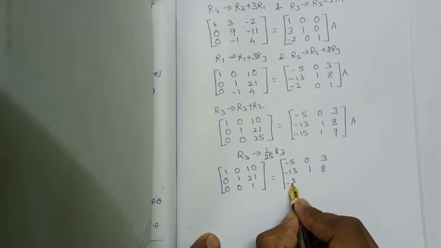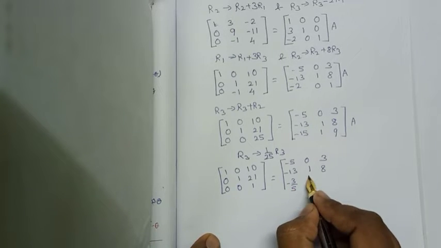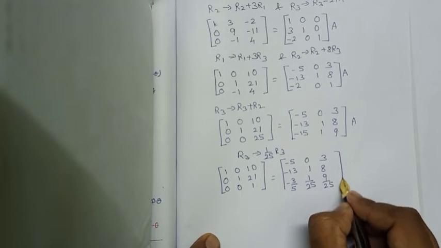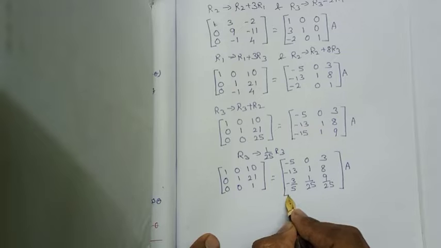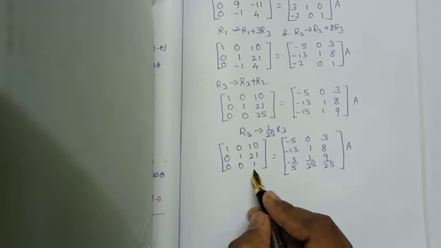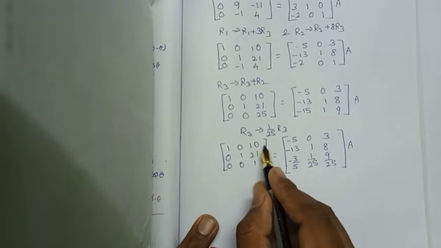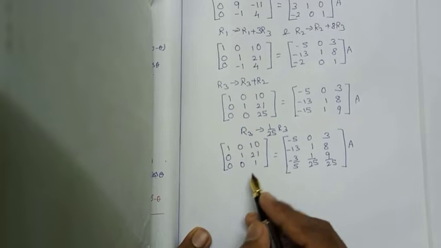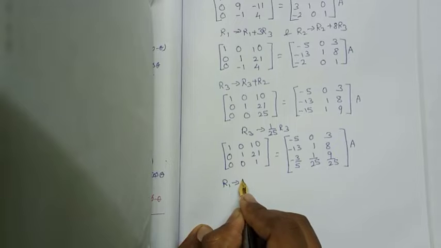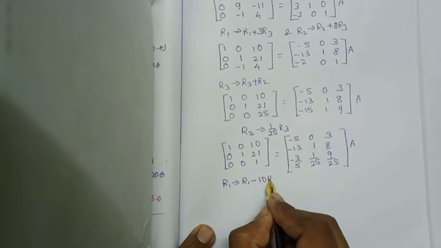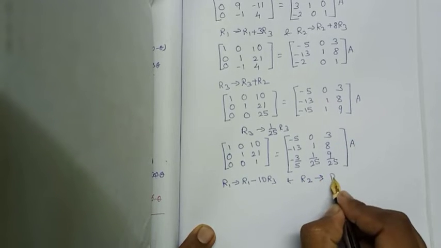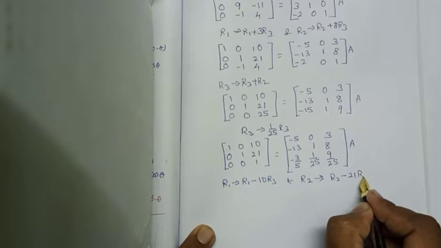We get minus 3 by 5, 1 by 25, 9 by 25, into A. Now we change these two entries to 0. It is very easy because we multiply by 10 and subtract from the first row, and we get these entries as 0. We write this procedure: R1 implies R1 minus 10R3 and R2 implies R2 minus 21R3.